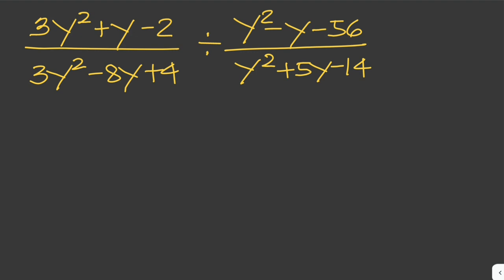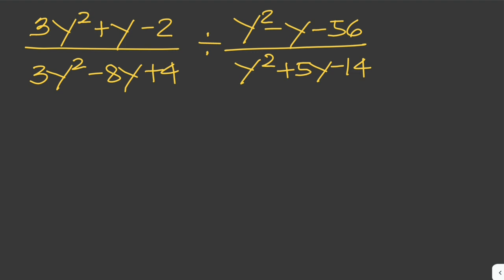So we're given this expression: 3y squared plus y minus 2 over 3y squared minus 8y plus 4, divided by y squared minus y minus 56 over y squared plus 5y minus 14. So it seems that we're given quadratic expressions that we need to factor.